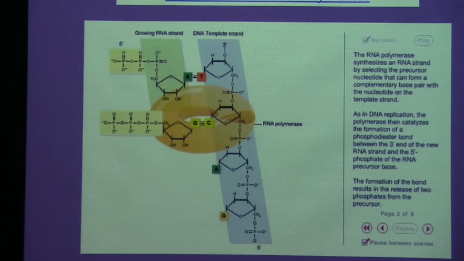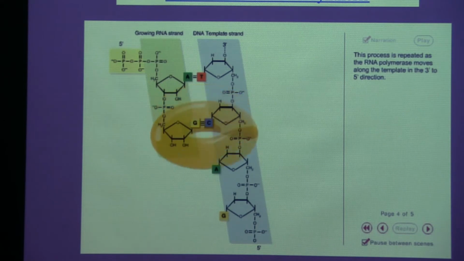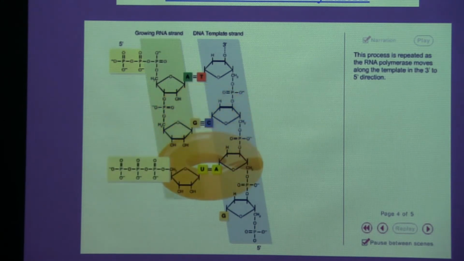As in DNA replication, the polymerase then catalyzes the formation of a phosphodiester bond between the 3' end of the new RNA strand and the 5' phosphate of the RNA precursor base. The formation of the bond results in the release of two phosphates from the precursor. This process is repeated as the RNA polymerase moves along the template in the 3' to 5' direction.